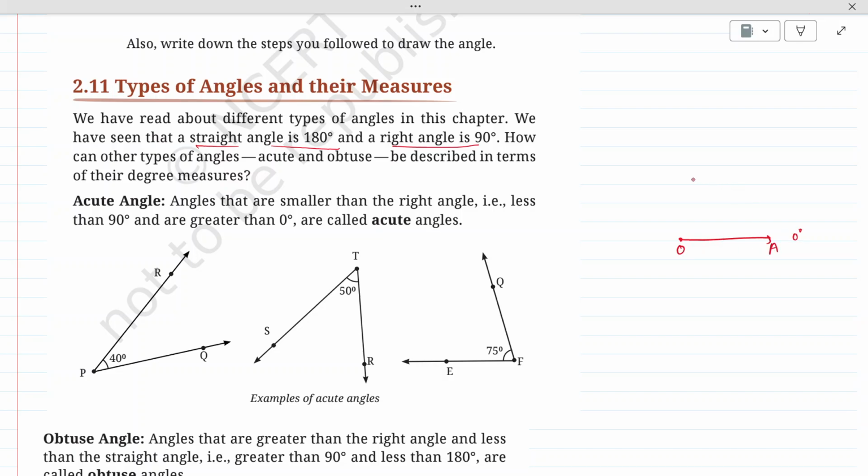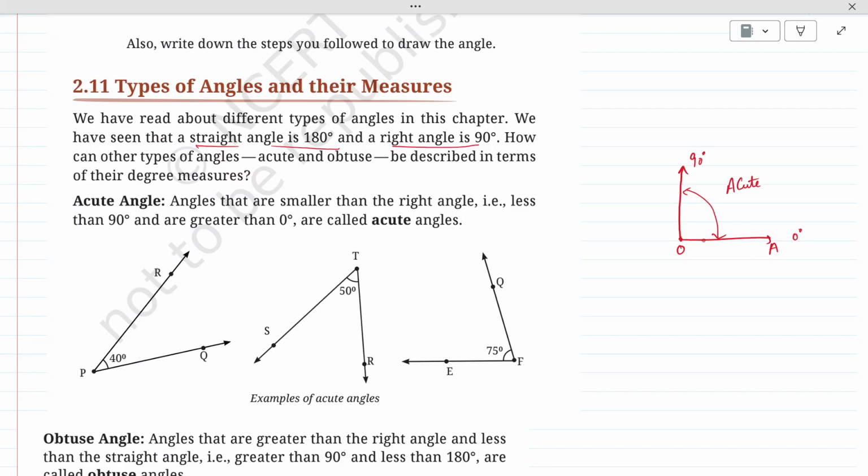As we move further, the degree goes on increasing till it completes 360 degrees. So any angle which is greater than 0 and less than 90 lies somewhere between 0 degrees and 90 degrees. This is called an acute angle, right?